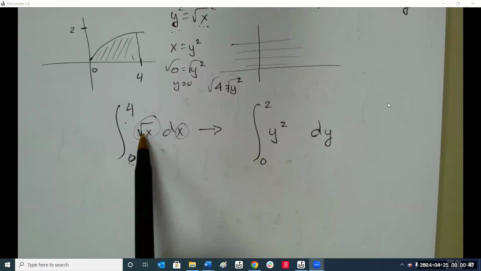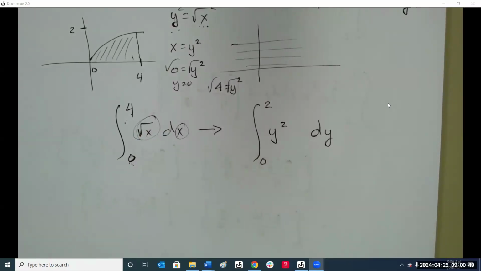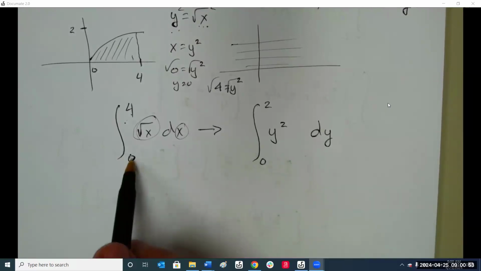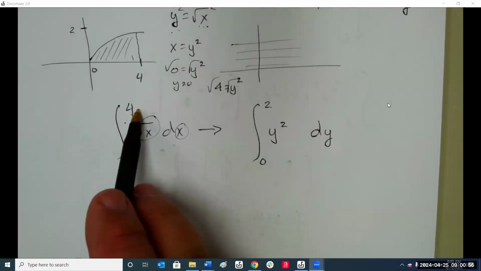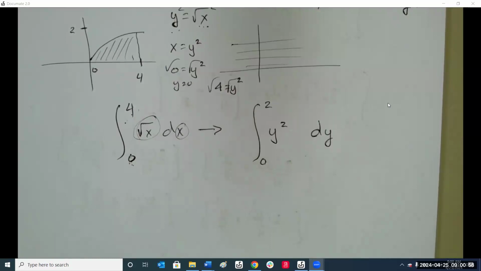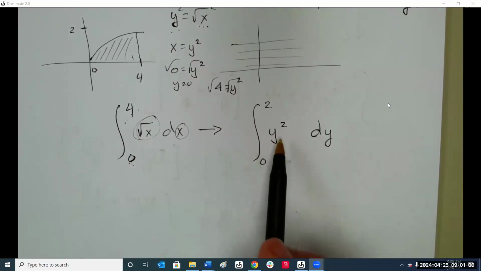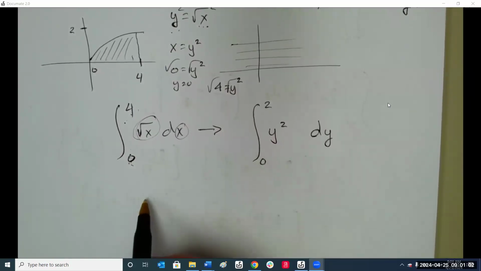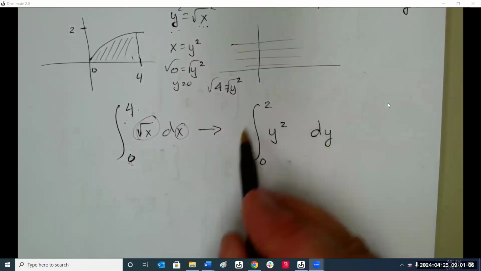So when you change from dx to dy, you have to change the bounds of integration with respect to our new formula. These are the x values. What do they correspond to? So now we've got to look at this equation. What does this graph look like?